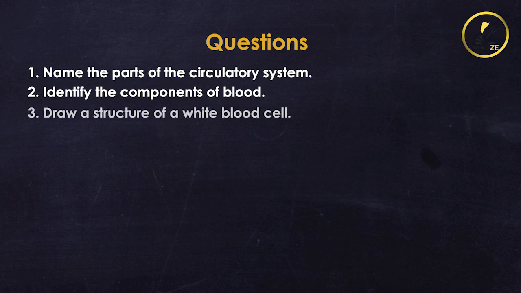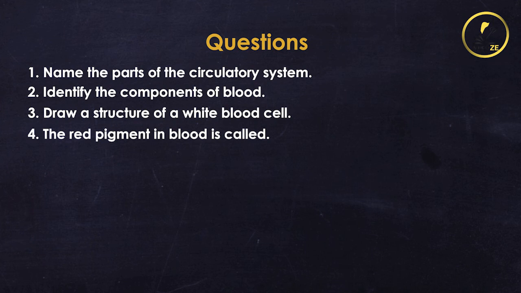Number three, draw a structure of a white blood cell. Number four, the red pigment in blood is called dash.